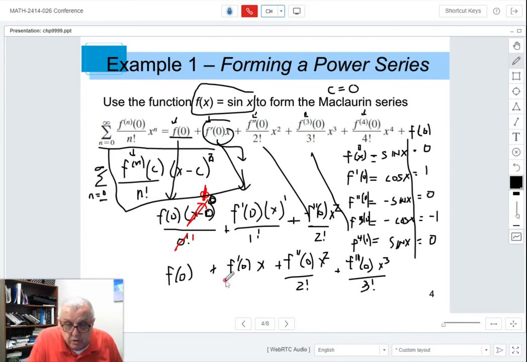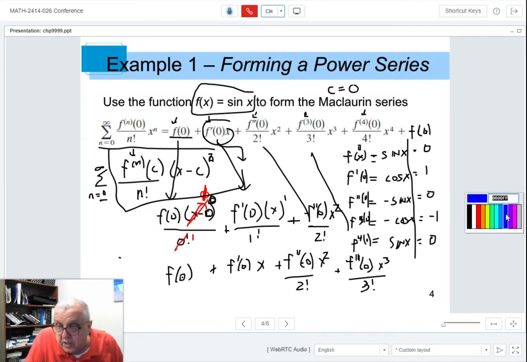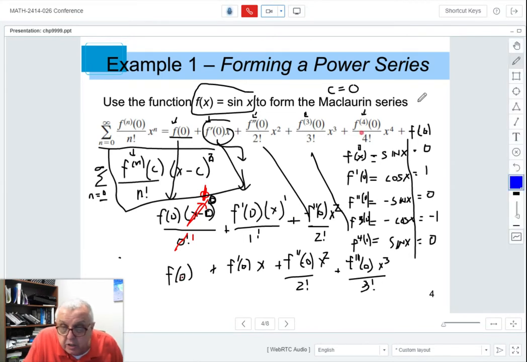So this is where we're at now. The only thing we need to do is plug 0 into the first function, plug 0 into the first derivative, plug 0 into the second derivative, and we have our series. Let me change color here. If I plug 0 into the first function, I get 0.